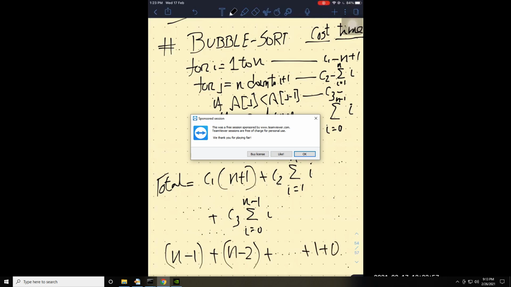Is it clear how we are getting this series for this if condition? Yes. Okay. So that's why we represent this in the form of this summation. Any other question regarding this runtime of bubble sort?